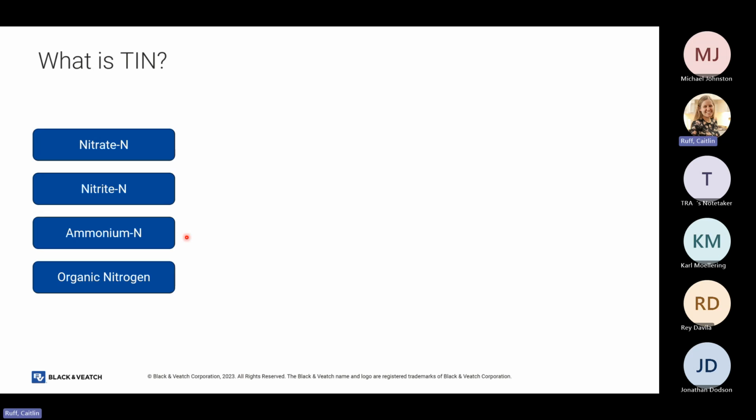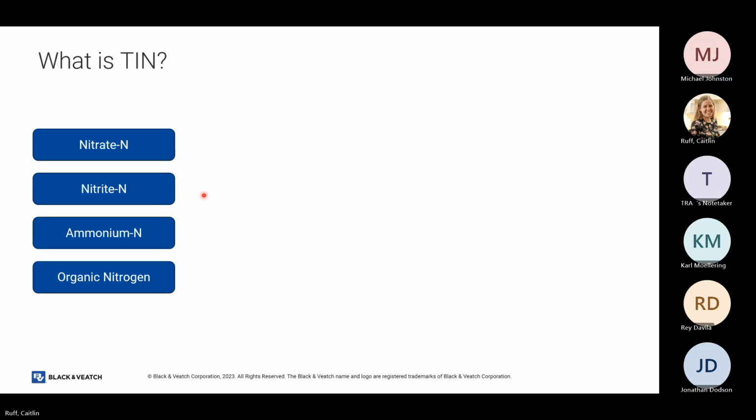Another measurement we could look at would be total inorganic nitrogen. Out of these components, when I'm looking at total inorganic nitrogen, what might I be looking at? Ammonia? That's one of them.